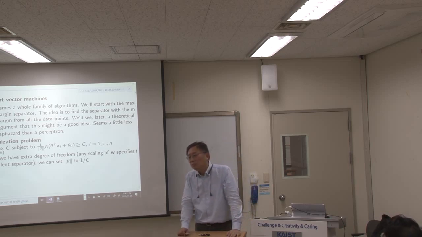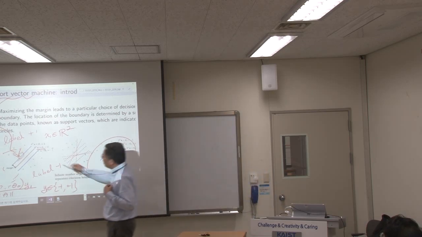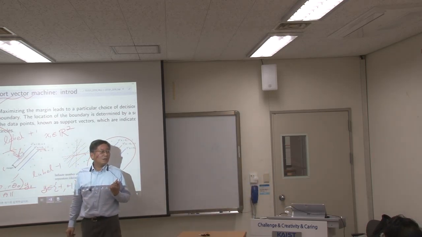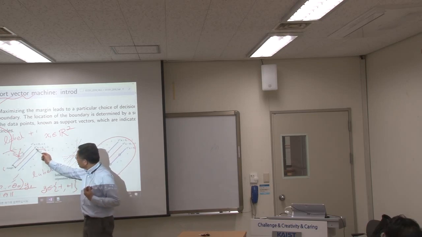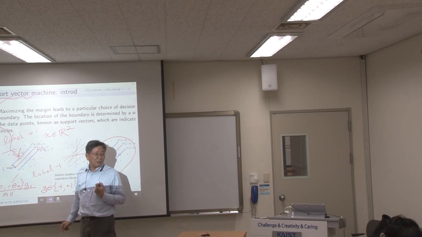What do I have to do? I need to find what theta is. This is the whole. This line is defined by what? If I define this line, then I could get the support vectors, right?